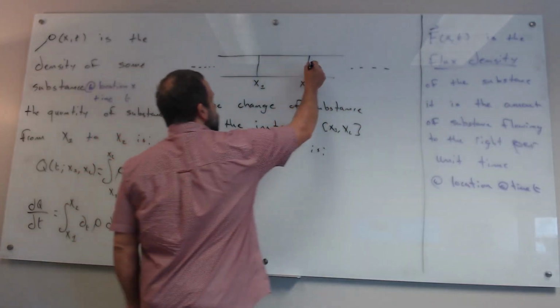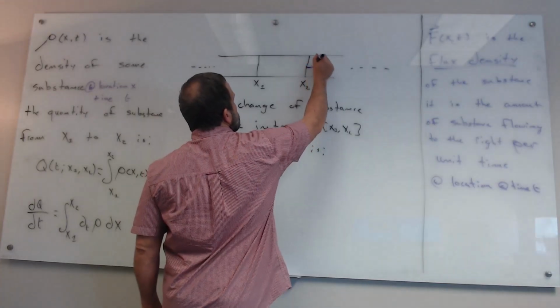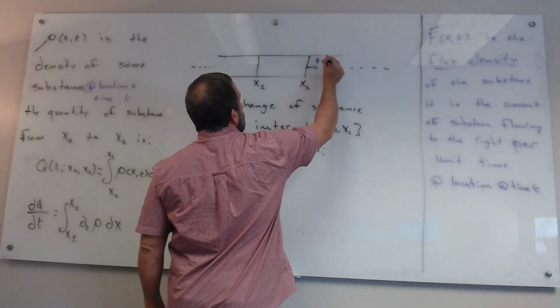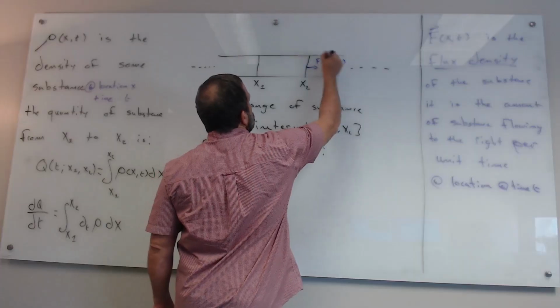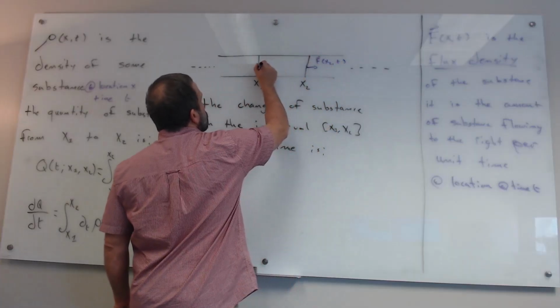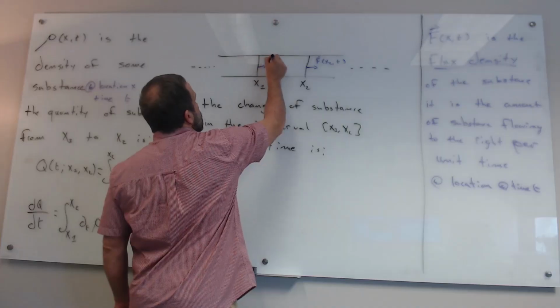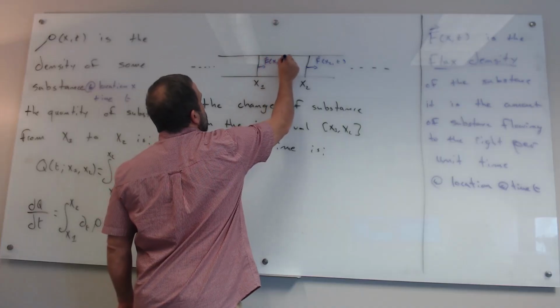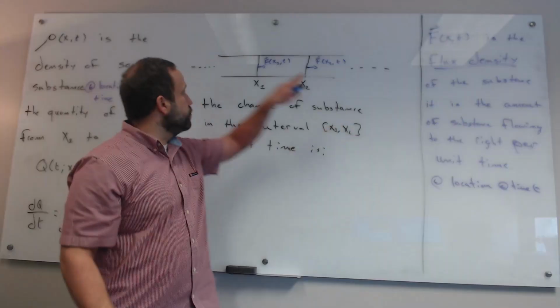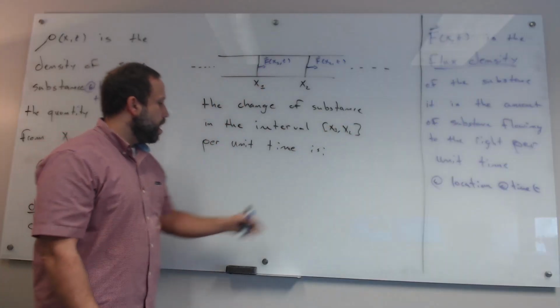So if I look right here, for example, this would be like f of x2, t. And if I look right here, for example, this would be like f of x1, t. Now I'm drawing them to the right. If f was negative, it would point to the left.